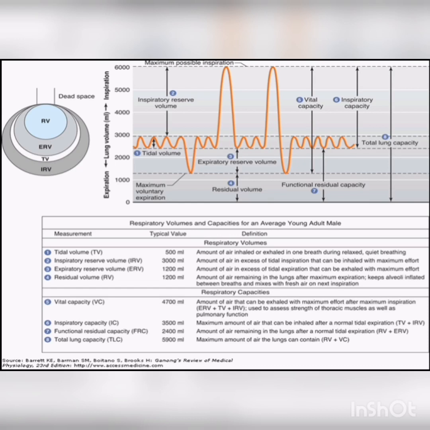Inspiratory reserve volume, which is the amount of air inspired on top of tidal volume, is about 3000 milliliters. Expiratory reserve volume, which is the amount of air expired in excess of tidal volume, is about 1200 milliliters.